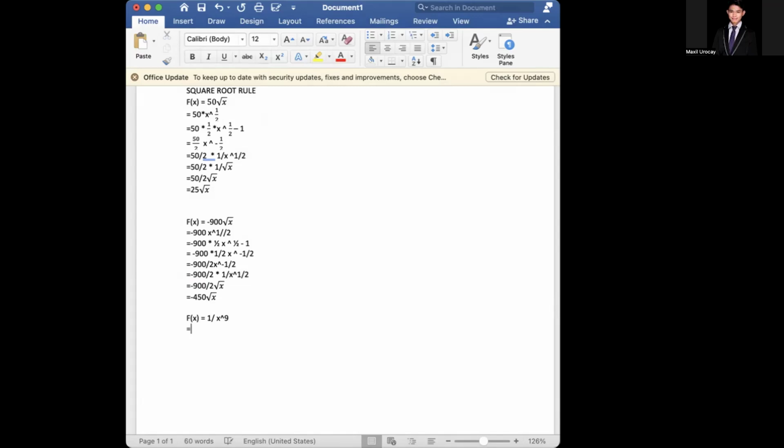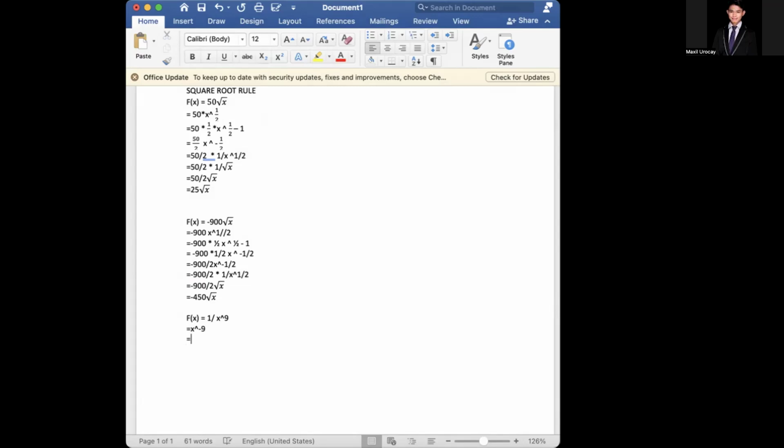If you simplify it, it will become x to the power of negative 9.